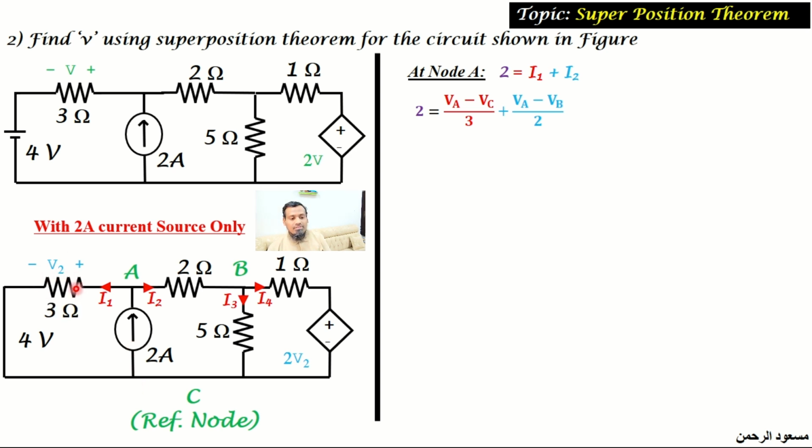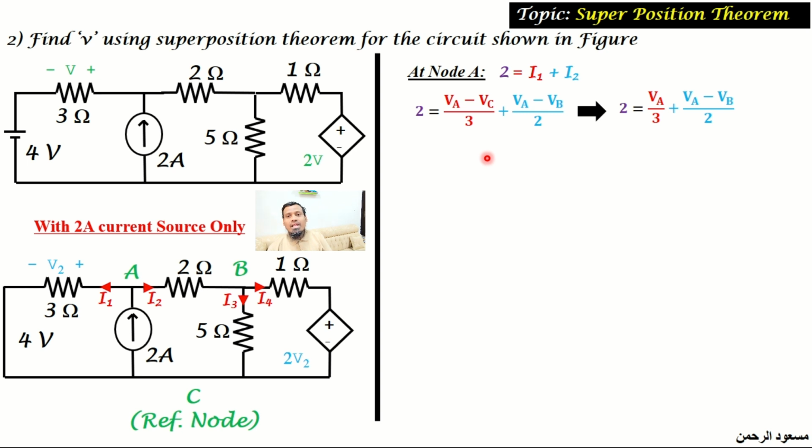So that is what is written here, VA minus VC divided by 3, plus I2, which is going from node A to node B. So I2 is equal to VA minus VB divided by this element, 2 ohm. So that is what is written here. The voltage of the reference node is 0, which is VC is equal to 0. By putting VC equal to 0, the equation will have a slight change as given to you here.